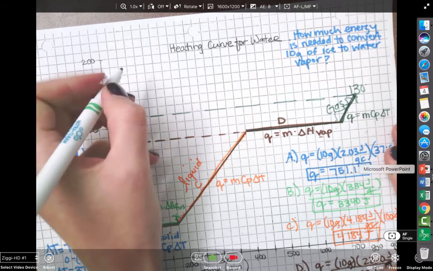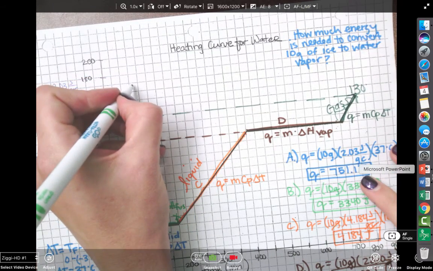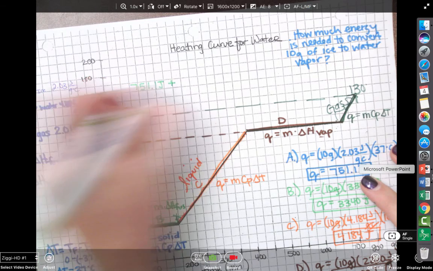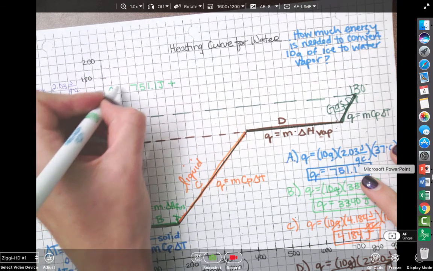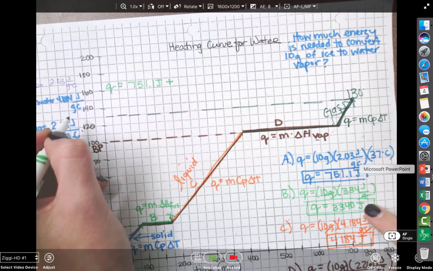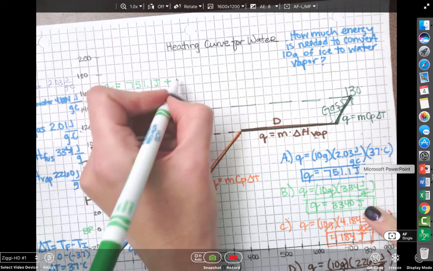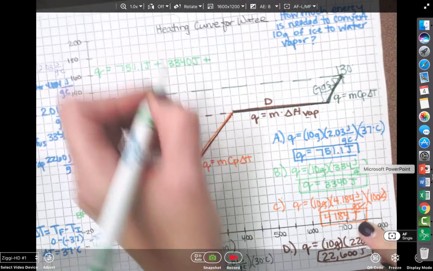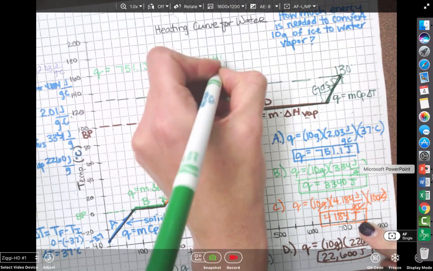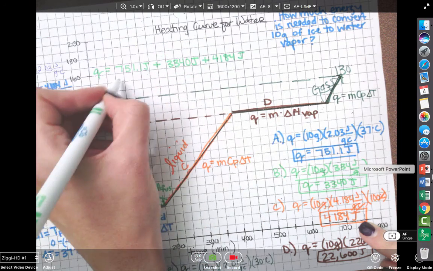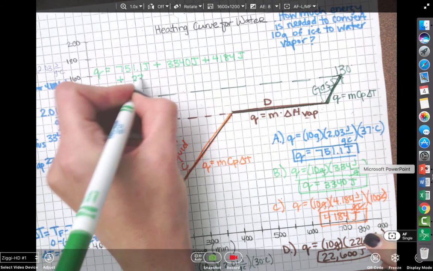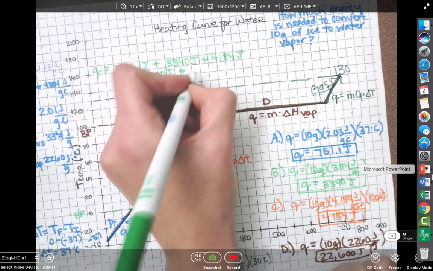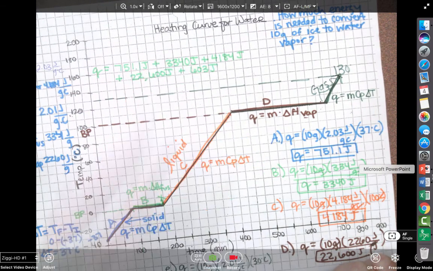So all of my energies are going to be 751.1 joules, add, so this is a total energy, plus 3,340 joules, plus the 4,184 joules, plus 22,600 joules, plus 603 joules.